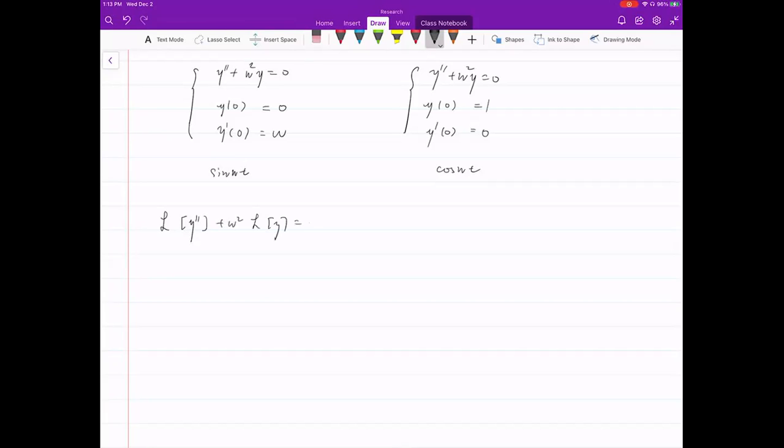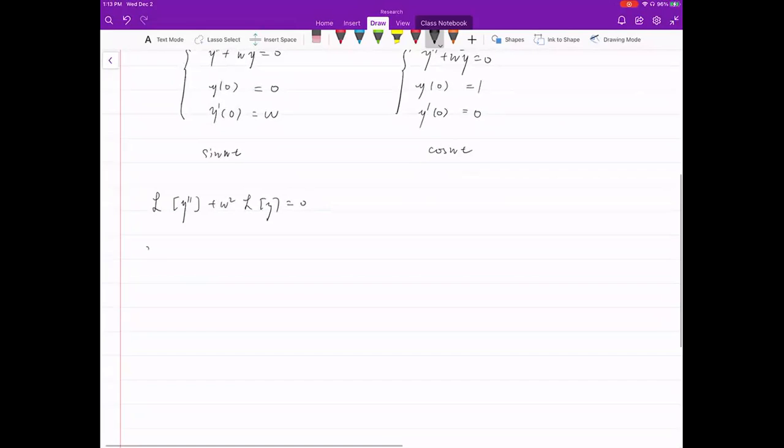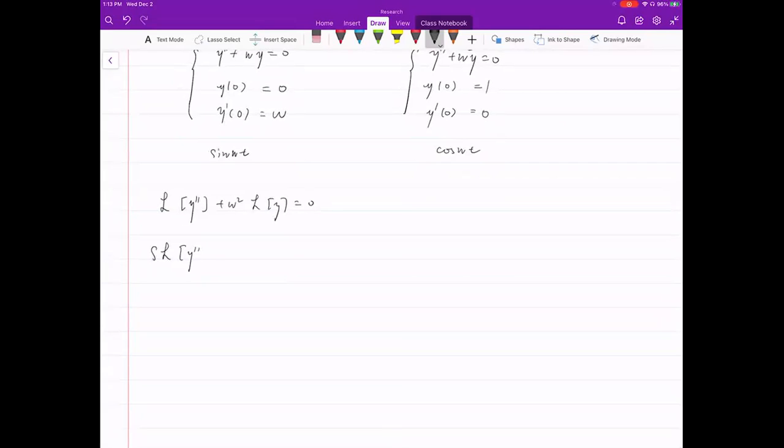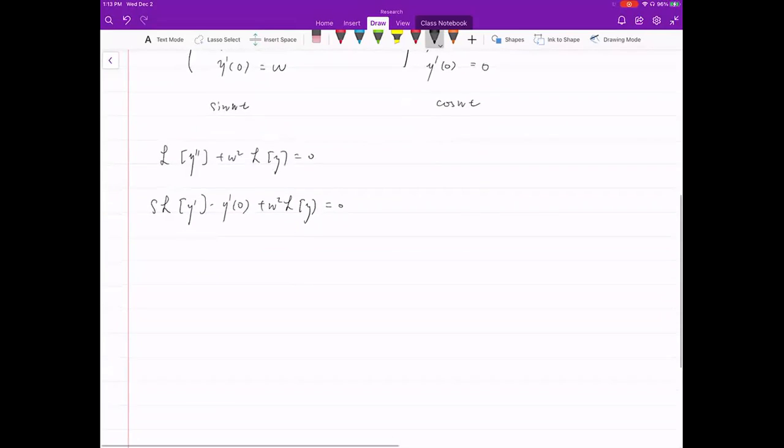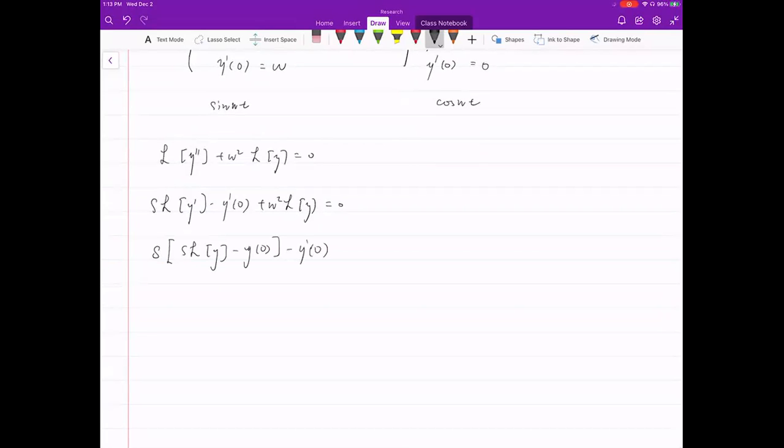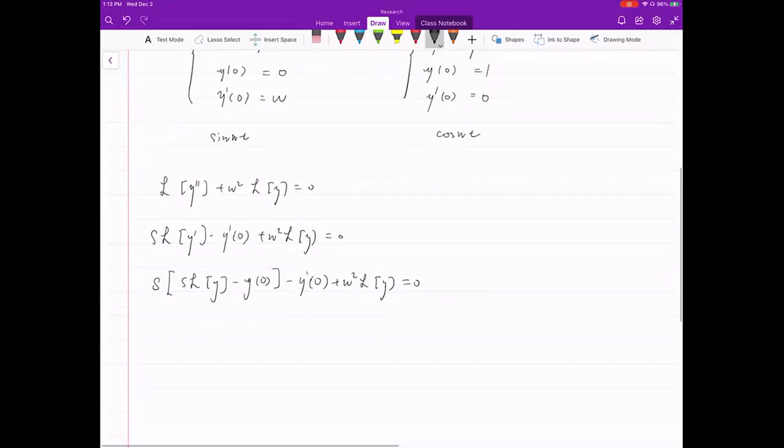L of y prime prime plus omega squared Ly equals 0. Here, s squared Ly minus s y0 minus y prime 0 comes from y prime prime, and together with s Ly minus y0 for y prime, it gives you the transform.